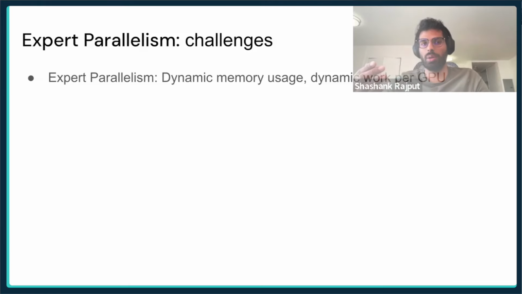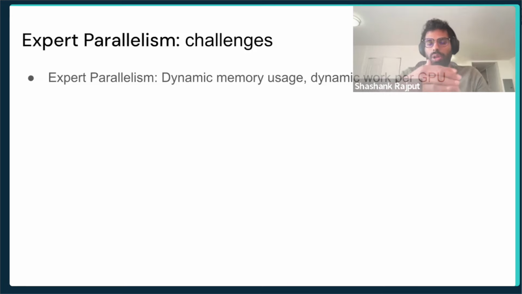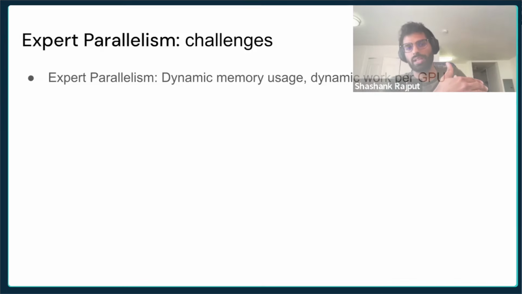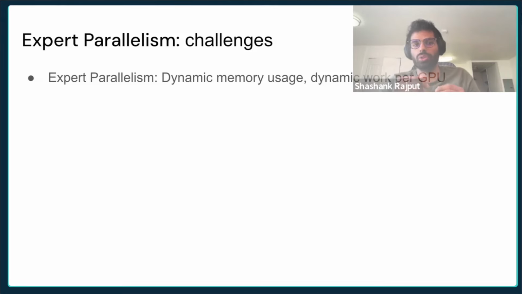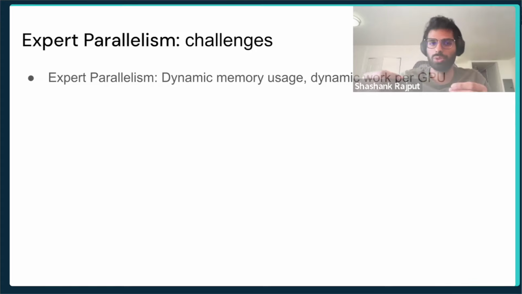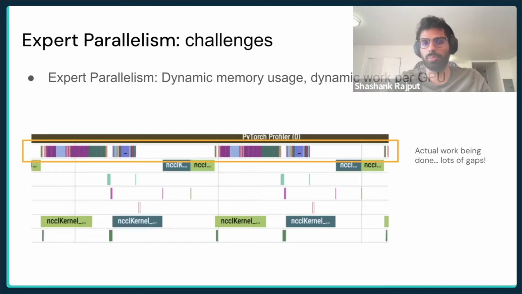So in that case, you don't know ahead of time how big of an input in terms of batch size you would see per expert. So you need to account for this dynamic memory usage because at each step, an expert could see a different number of tokens.